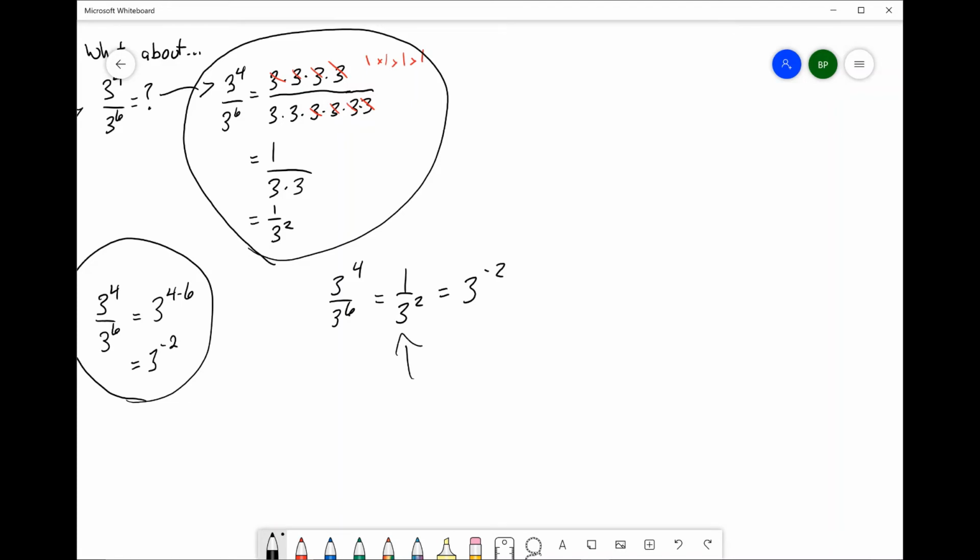So our rule would look something like this: a to the negative x would equal 1 over a to the power of x.